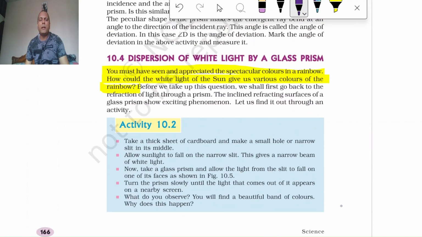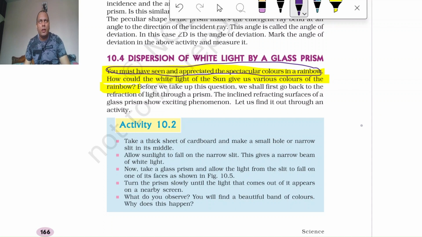Dispersion means to disperse. When you discuss the dispersion of light, you must have seen and appreciated the spectacular colors of the rainbow. I think everyone has seen the rainbow.